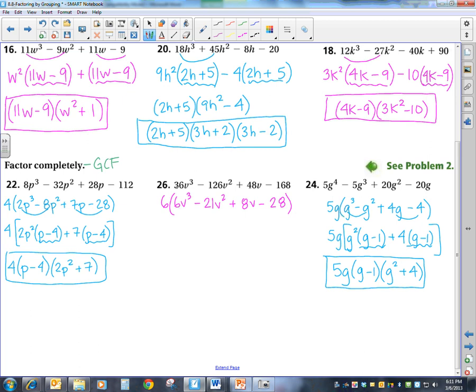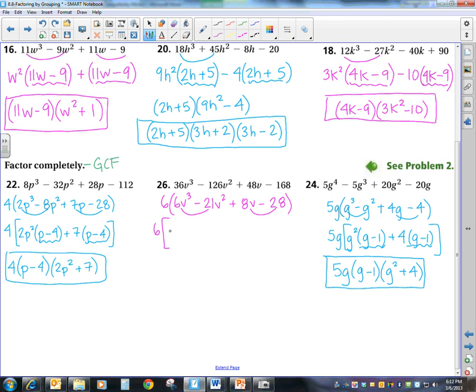6 times 6 is 36. 6 times 21 is 126. 6 times 8 is 48. And 6 times 28 is 168. So we're good. So again, we put our 6, we got our bracket, because we're going to group these, and we're going to group these. Those are my two pairs.